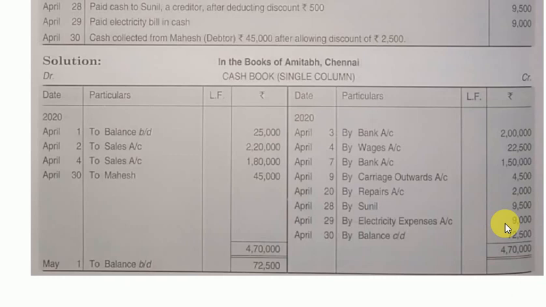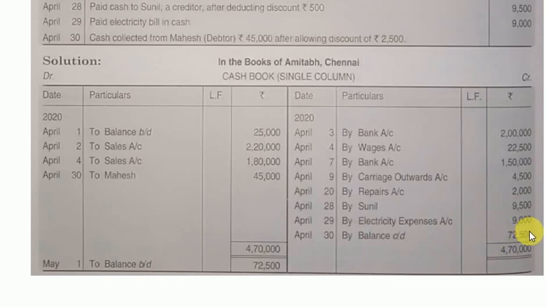So we know that we'll record the total of both sides as the same, and the difference amount will be written as balance carried down, that is 4,70,000 minus 3,97,500, and the balancing figure will be 72,500.